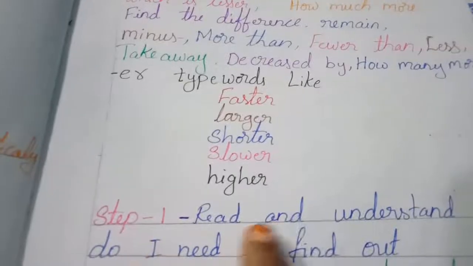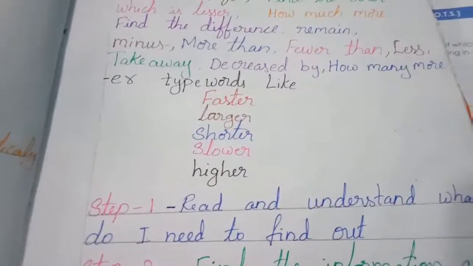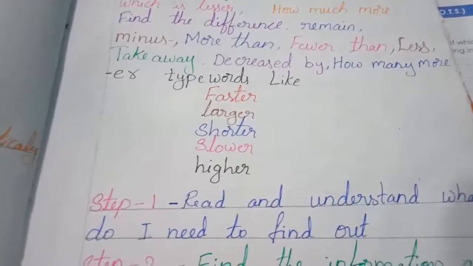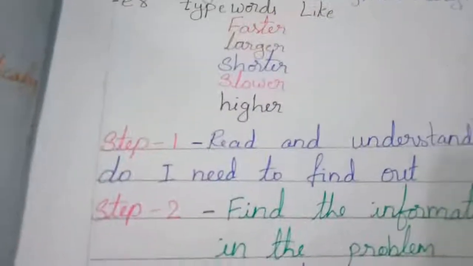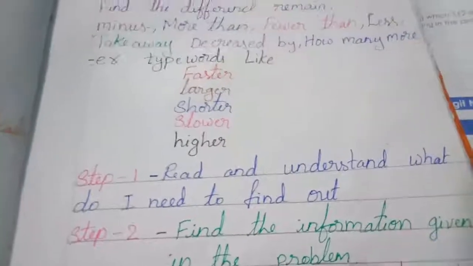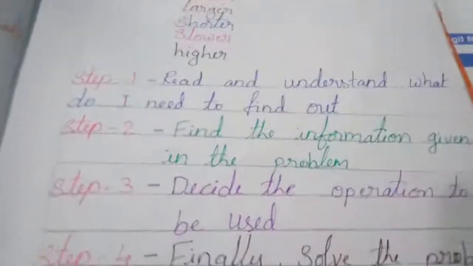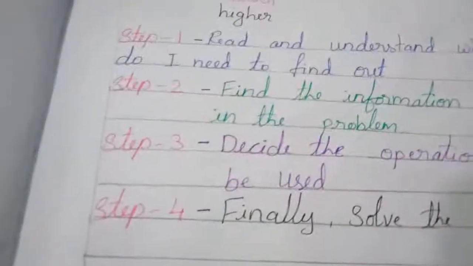Step 1: Read and understand what do I need to find out. Step 2: Find the information given in the problem. Step 3: Decide the operation to be used.